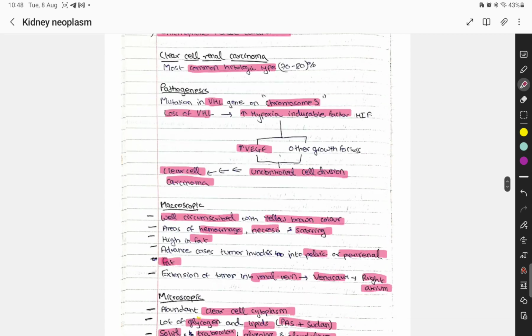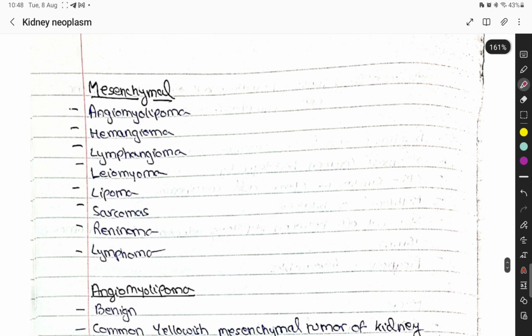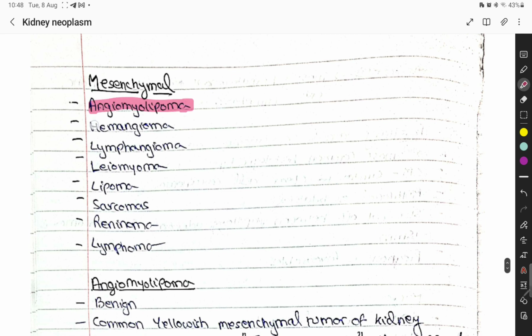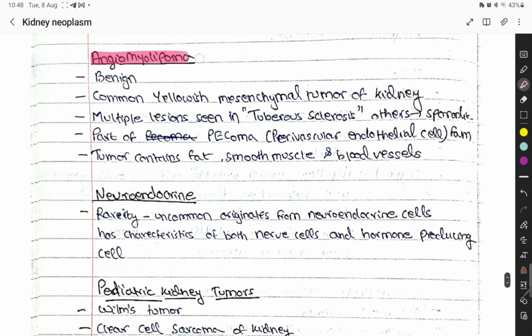Now we will do mesenchymal kidney tumors, which are angiomyolipoma, hemangioma, lymphangioma, leiomyoma, lipoma, sarcoma, reninoma, lymphoma. They're all mesenchymal kidney tumors. Angiomyolipoma is a benign, common, yellowish mesenchymal tumor of the kidney.